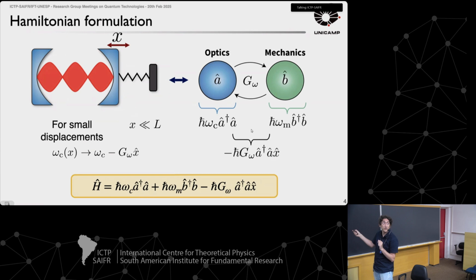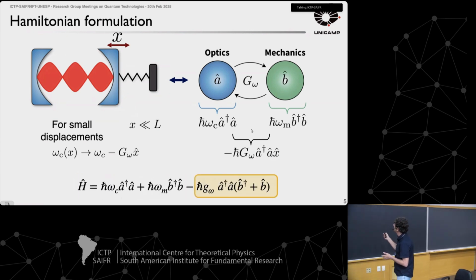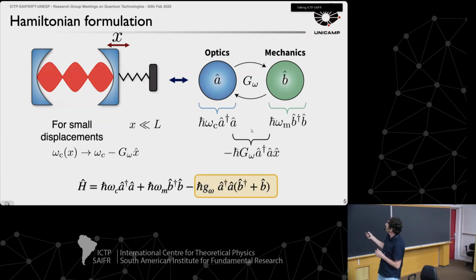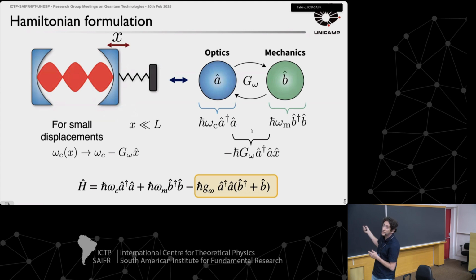That's very important because you can control the amount of coupling with the position or motion. And you can rewrite this in a way that is easier to understand, looking at the connection to the b operator here, and using a normalized constant for the frequency pulling.